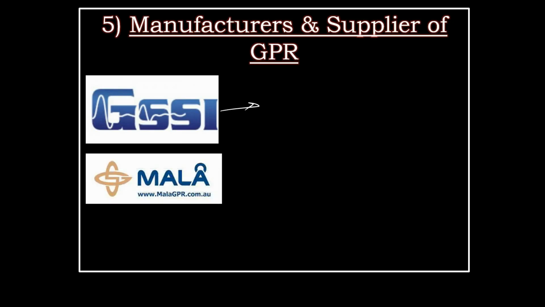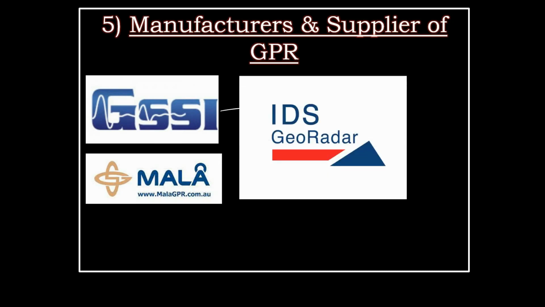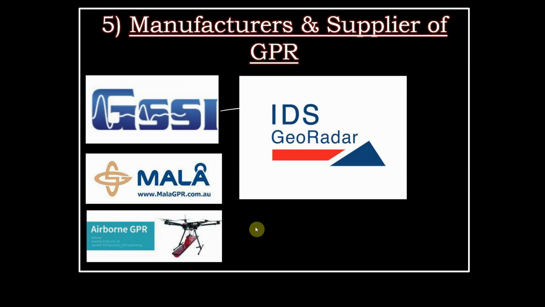Mala GPR is also a good one for GPR equipment. Another manufacturing company is ITS Georadar. Nowadays you might have some airborne GPR systems, which is quite fascinating. I haven't worked with an airborne system, but I would like to. So these are a few companies, and there are others. Just try to Google it and you will get the results.